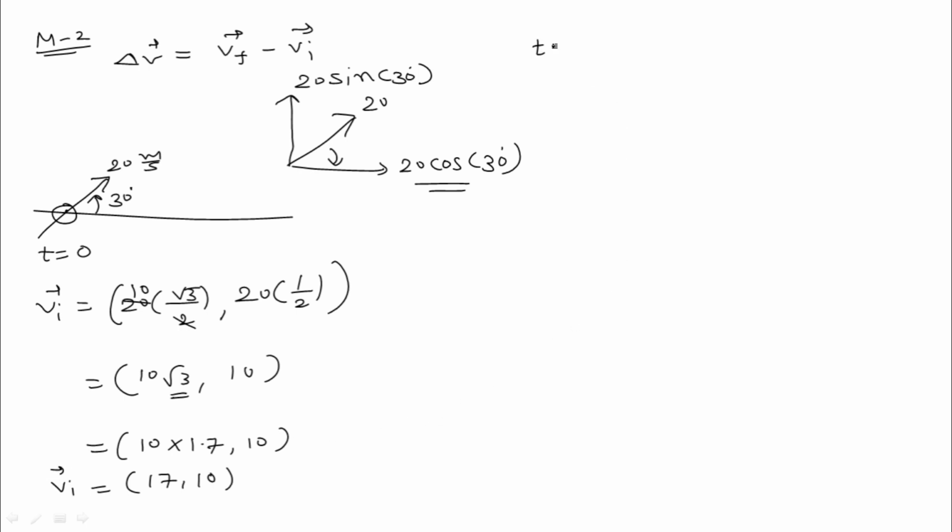And after final time 0.5 second, final velocity vector we have to define. So keep in mind, under the effect of gravity, the acceleration is downward and the velocity perpendicular to the acceleration is 20 cos 30.